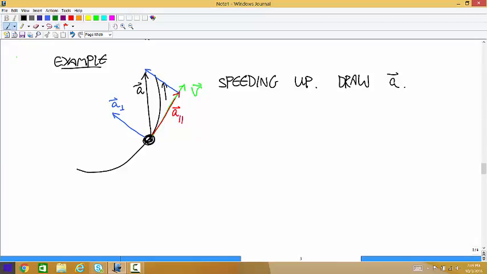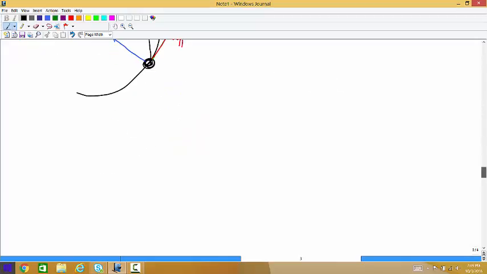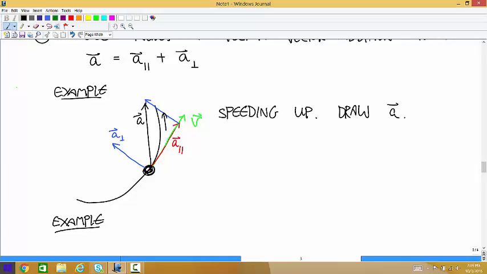So that's the total acceleration, something in that direction. This is basically what the whole lab this week is about, is doing these sketches approximating the acceleration.